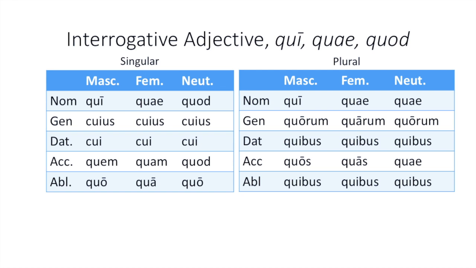As you copy these down, you'll notice that the masculine and feminine singular forms are not the same. And you'll notice that all of these forms are not the same as the forms of the interrogative pronoun. You will, however, notice that they are exactly the same forms as the relative pronoun, quae, quod.